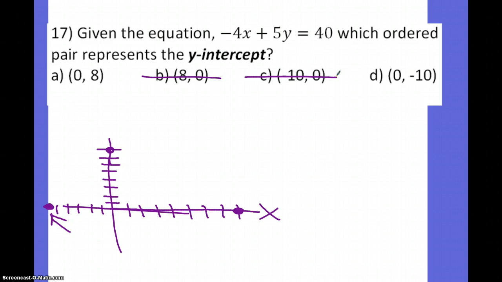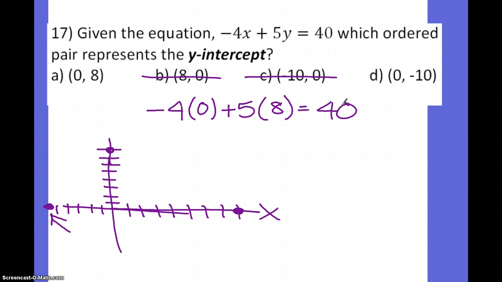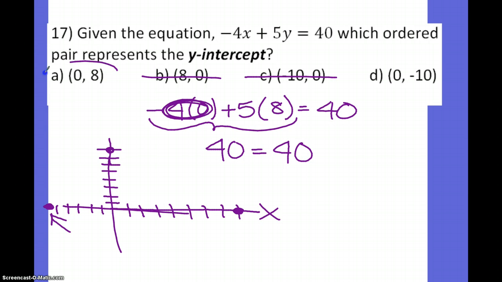Now if we just plug these numbers in and see which one is the solution, that'll tell us our answer. I'm going to see if this works. I can type it in the calculator here. This is 0, and 5 times 8 really is 40. So it looks like A works.